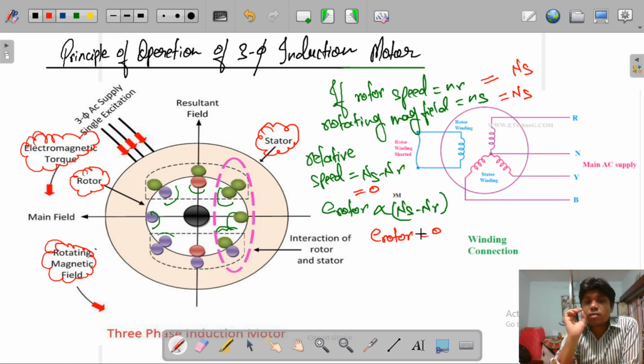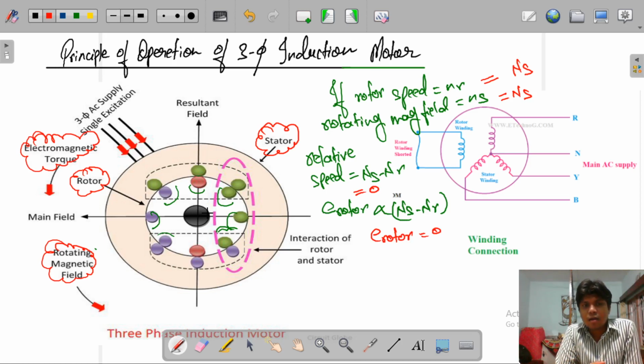It means the induction motor never rotates at synchronous speed. So this is the basic overview of the principle of operation of the three-phase induction motor.